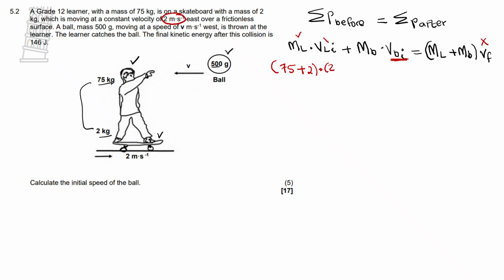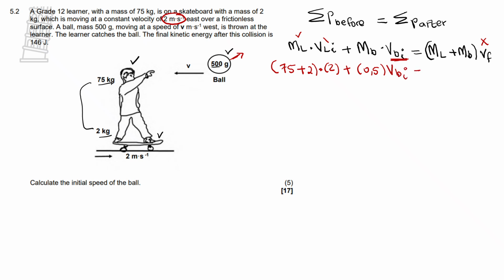So this will be 2 plus the mass of the ball. Please make sure that when the mass is given in grams, you convert this by dividing by 1000, which will give us 0.5. So this will be 0.5 times the V initial, which is what we are looking for, the velocity of the ball.